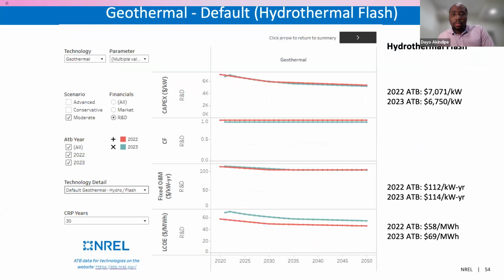For comparisons between last year and this year, the major change to the hydrothermal flash system, although we had some significant changes to it, did not reflect in the LCOE. This is not because the changes to productivity and injectivity based on industry data were not significant.